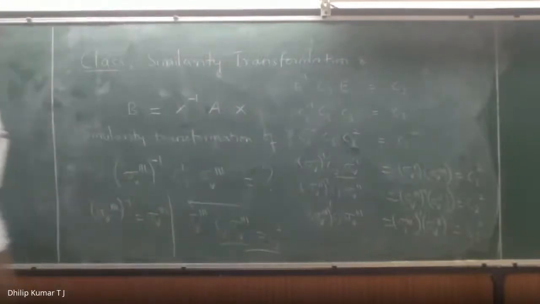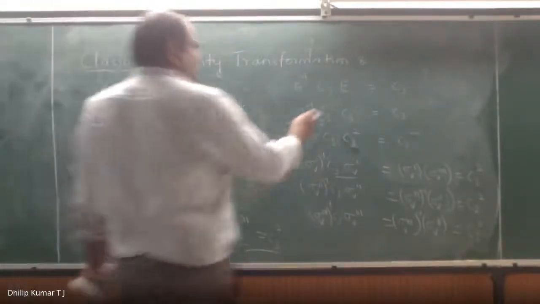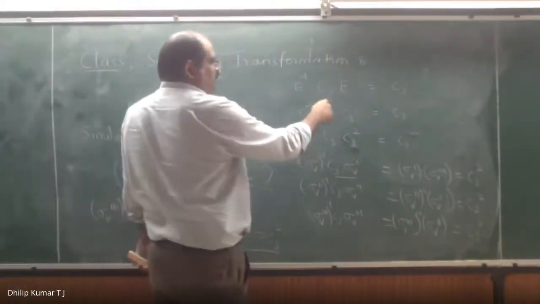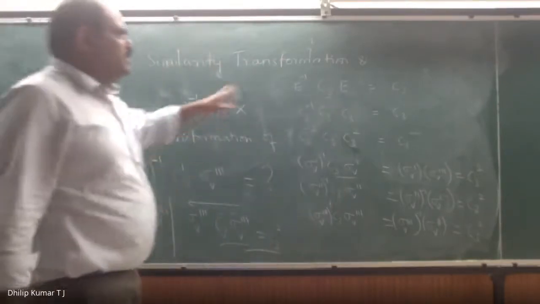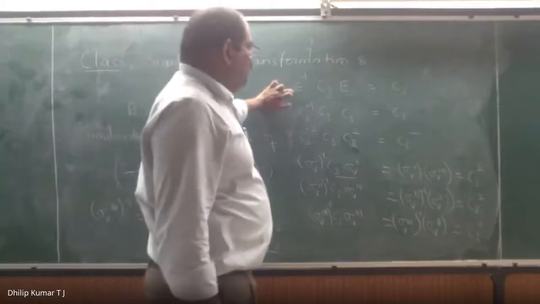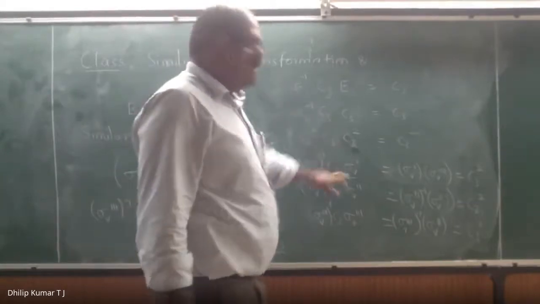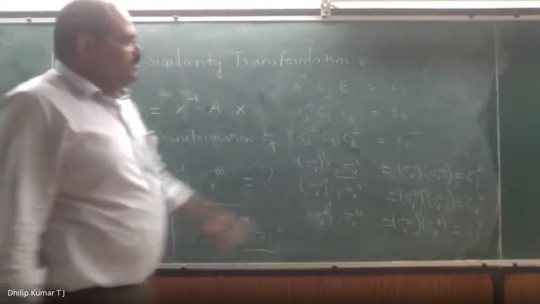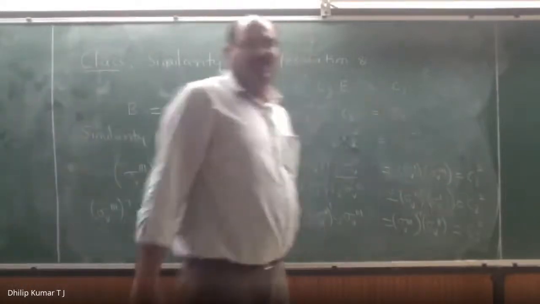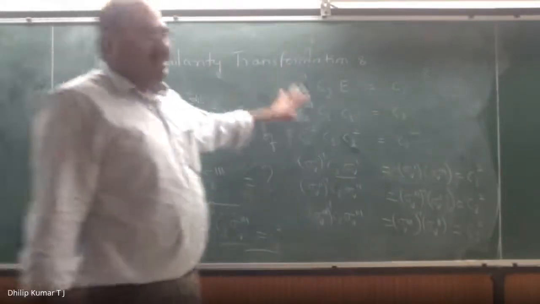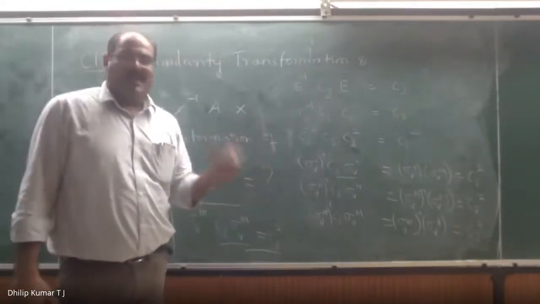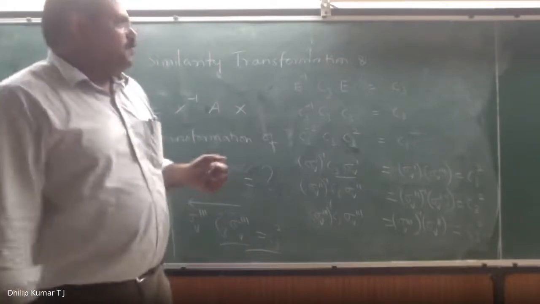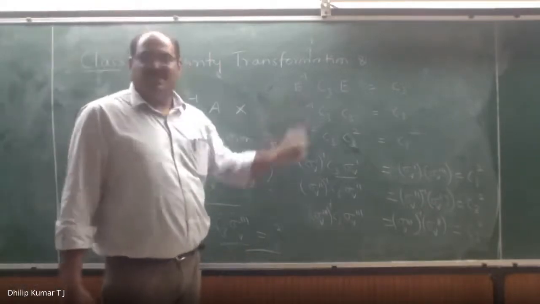So yeah, you can see if you take the C3 and find the similarity transformation with respect to E or C3 or C3 2 or the sigma V planes, you always end up with C3 or C3 2. So C3 and C3 2 form a class.